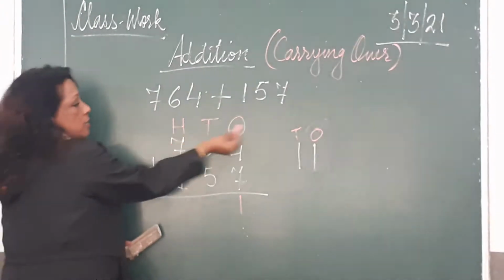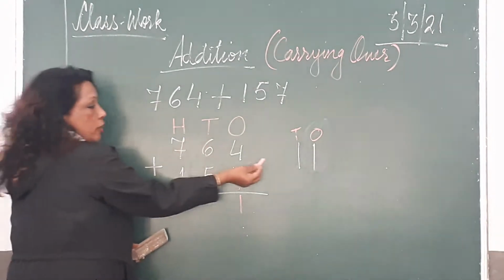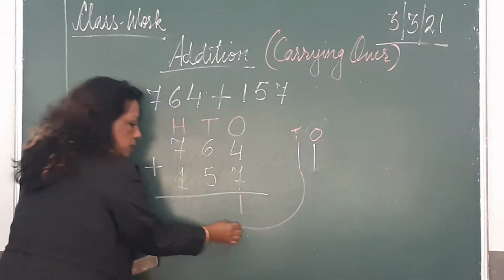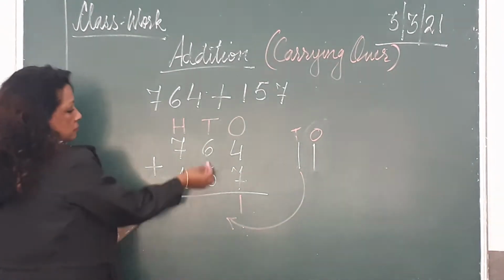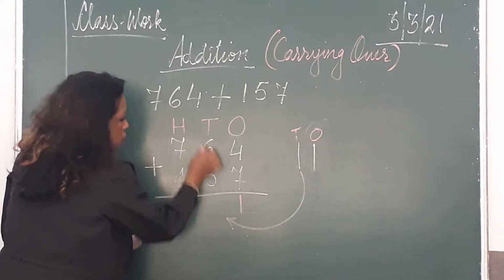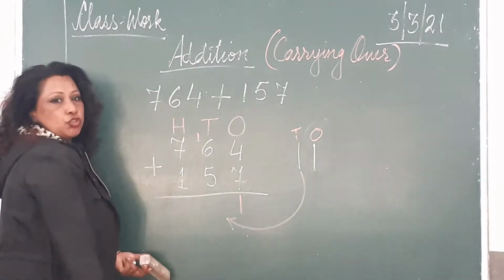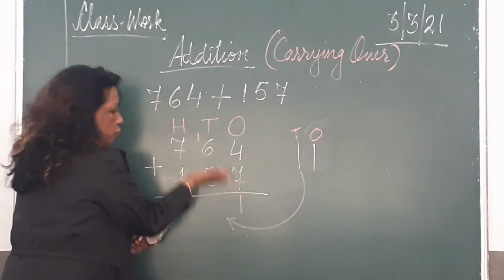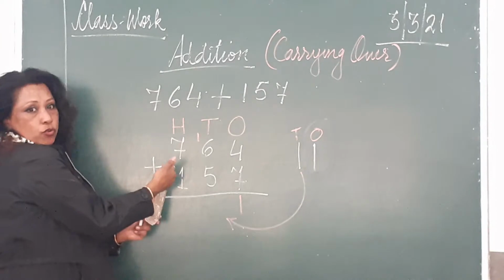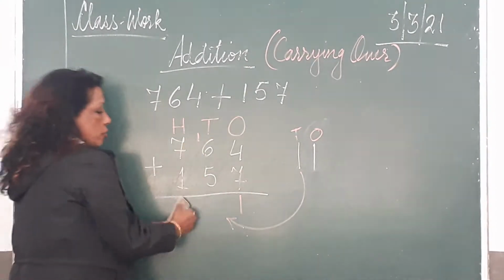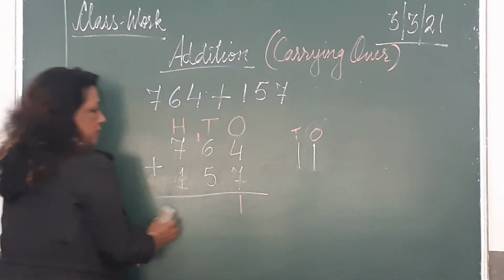Tens is here, see, this tens and this tens. So you have to carry over. You give it to the tens place, you carry over, you give it to your friend. It does not belong to ones, so you carry over. This is called carrying over. Okay, so you give it to the tens place.